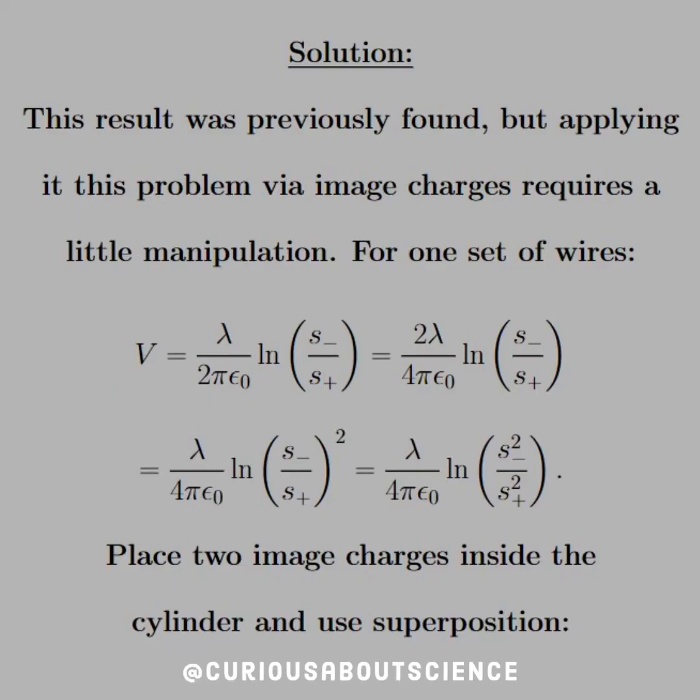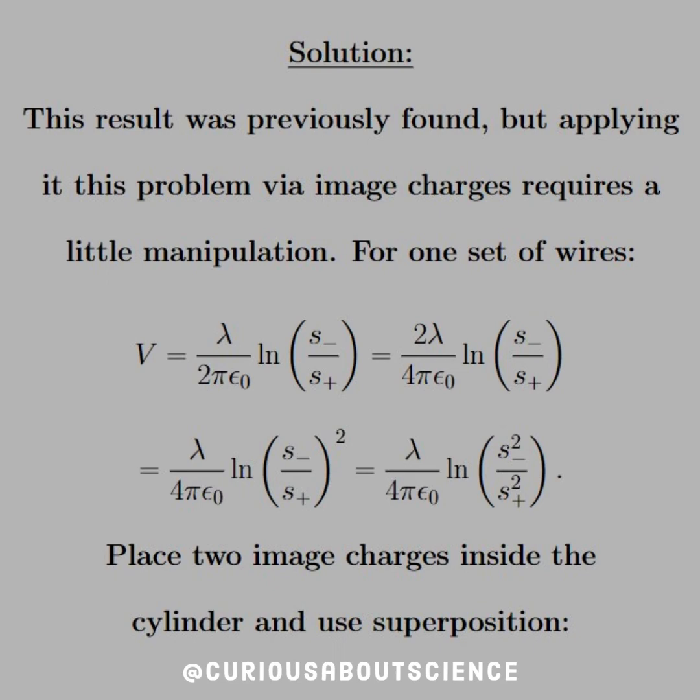Alright, so the previous result was for a two-wire system and not a four-wire system. This means that we can add two two-wire systems together via superposition in order to find a potential. To do this, though, the separation distances must be in their square form. This can be done through some algebraic manipulation.